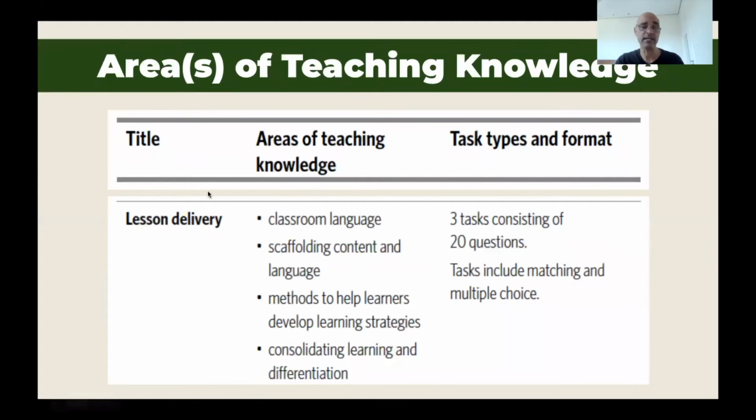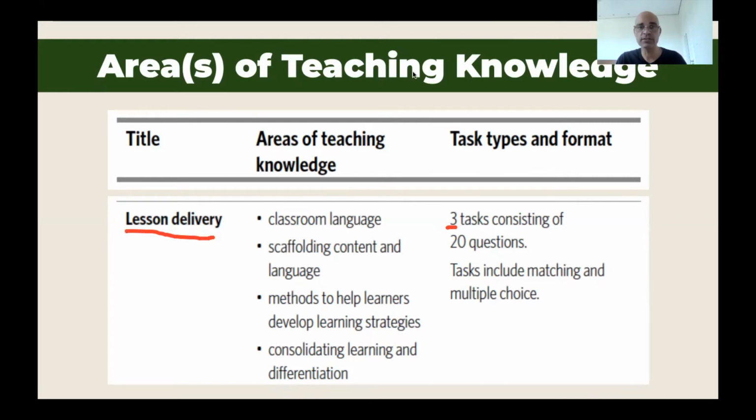So the third section of the TKT CLIL test is called lesson delivery. And this is what we can see here, lesson delivery right on the screen. This section of the test has 3 tasks. This is the third one, a total of 20 questions, and this particular task has 6 of these questions.